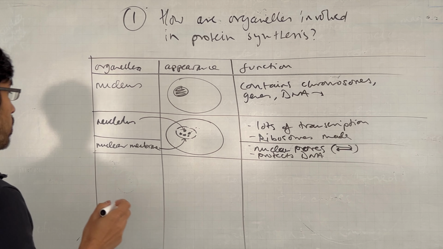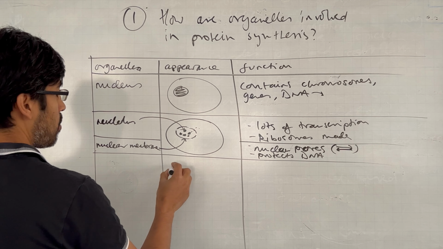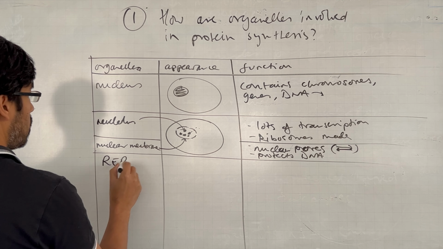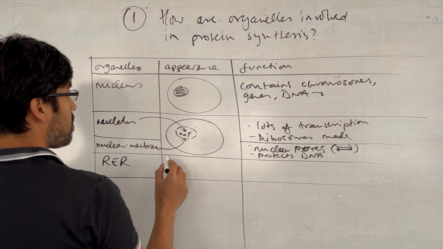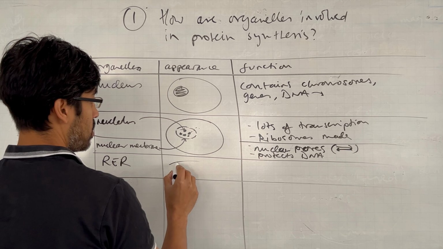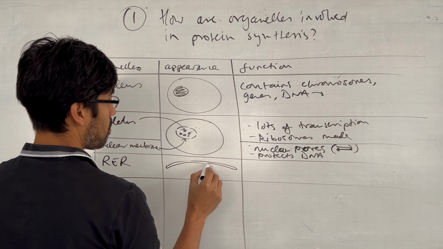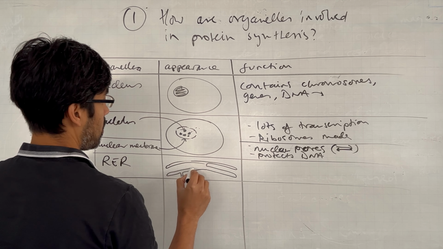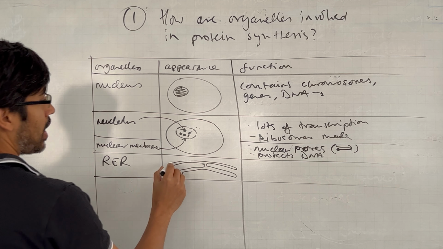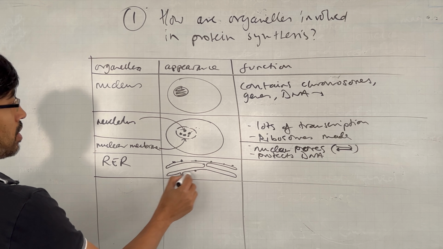Okay, next we have our endoplasmic reticulums, rough and smooth. Okay, so the rough endoplasmic reticulum, RER, and its appearance: it's attached to the nucleus in a way, but it's interconnected, flattened sacs. So they're made of membrane, but they have ribosomes attached, like so.